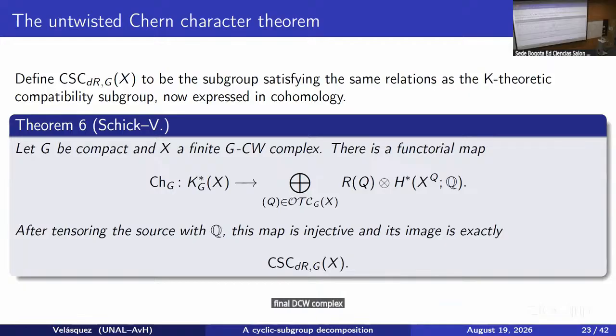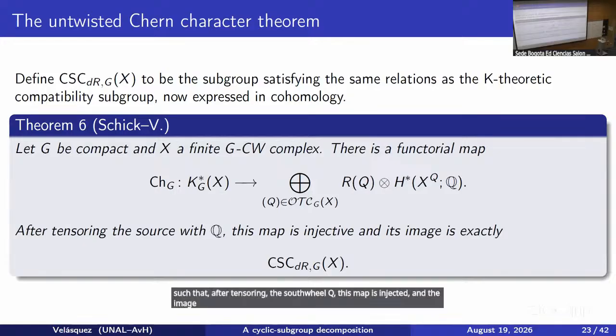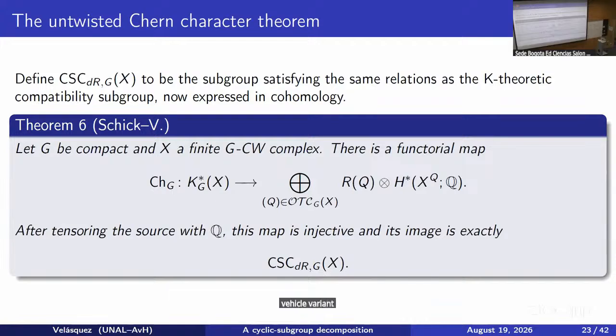Then there is a functorial map from the G-equivariant K-theory to this direct sum, such that after tensoring the source with Q, this map is injective, and the image is exactly this compatibility subgroup of G-equivariant cohomology of X. This is our first result in G-equivariant K-theory.